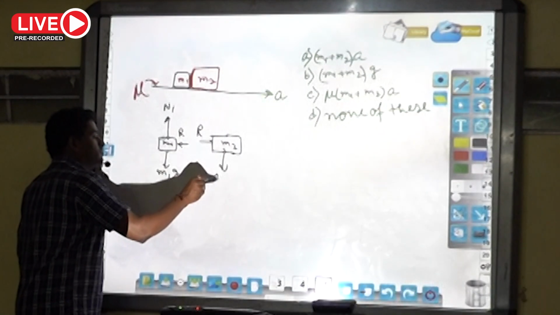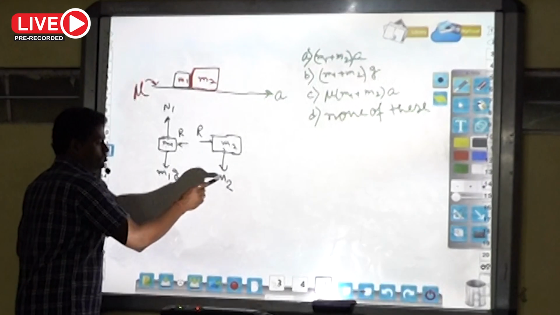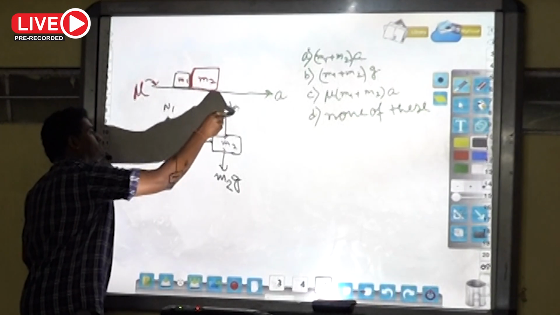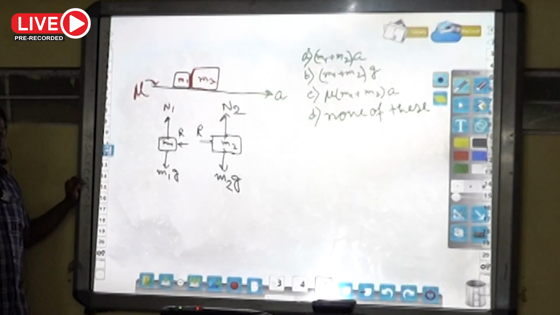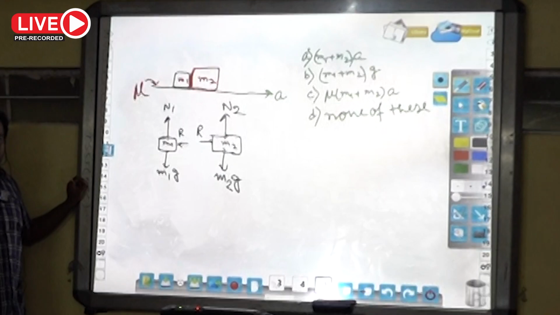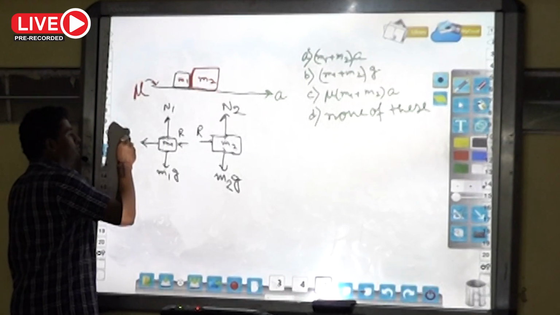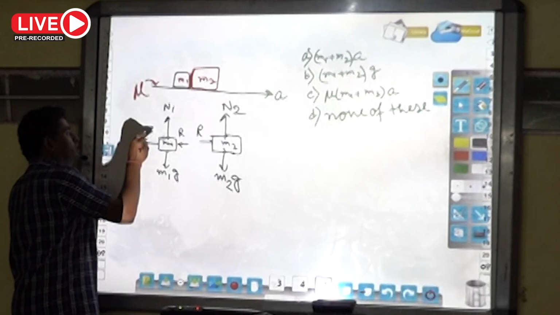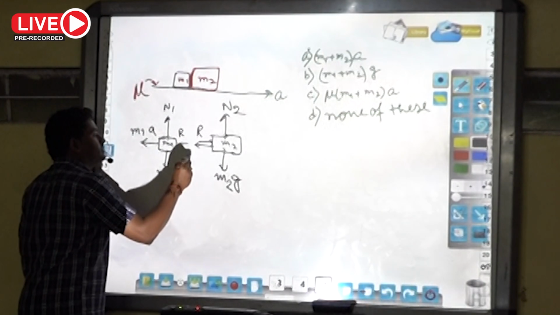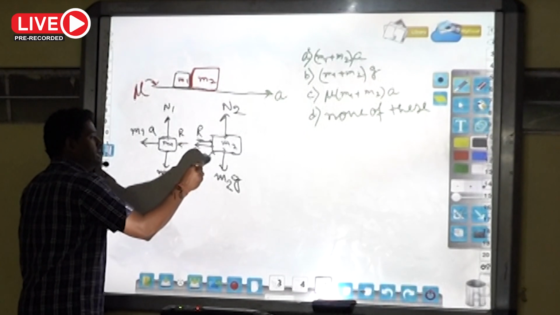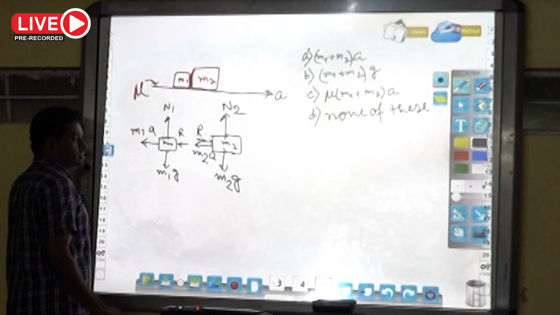Now here, M2G, here N2. Now see, due to the pseudo force, this object will experience a pseudo force M1A, and this object will experience pseudo force M2A. Okay?